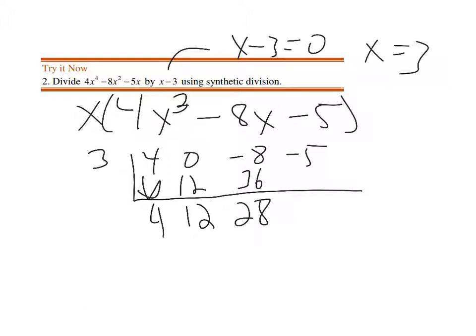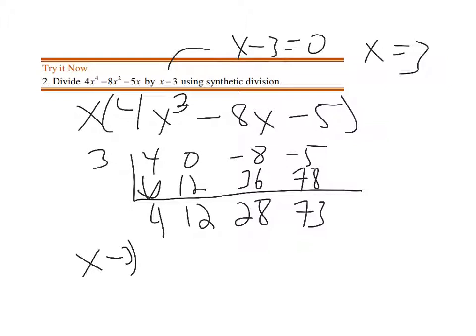3 times 28 is, what is that? 60 plus 18 is 78. And that's going to be 73. So what do I get when I divide this by x minus 3?